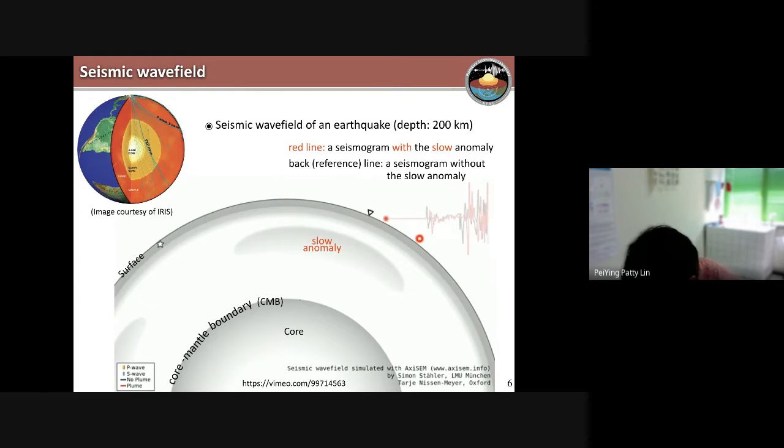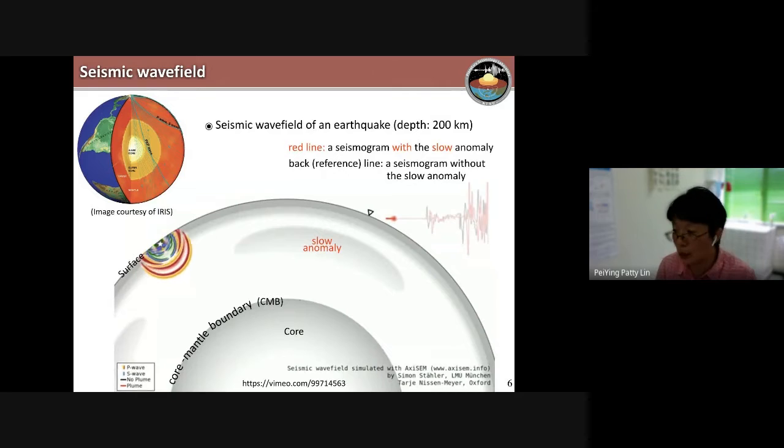The blue line shows the seismogram for only the layering structure, so everywhere is the same, with only velocity as a function of depth. And the red line seismogram shows what we will observe at the station if there is a slow anomaly in the mantle. Now I'm going to play the movie.